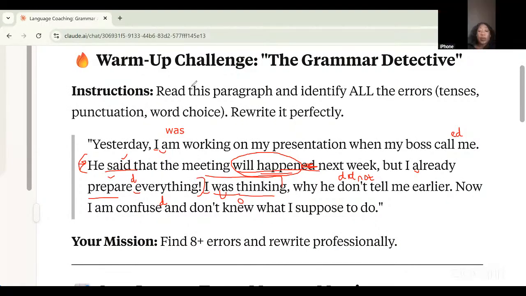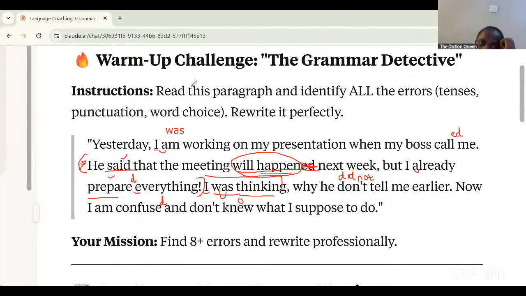Am I communicating, ma'am? I do not want to confuse you. Yes, I understand. Okay, so now let's consider it. It is either I had that thought and the thought continued. I was thinking. So that means the thought started yesterday when my boss called, and I am still thinking as I wrote this.